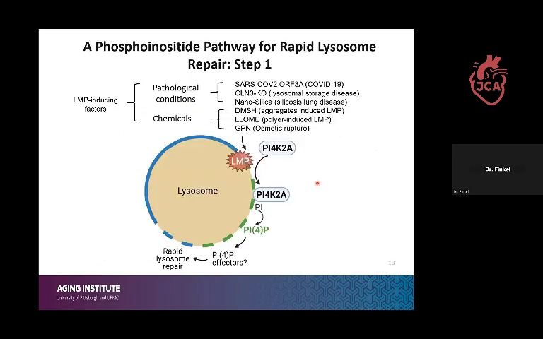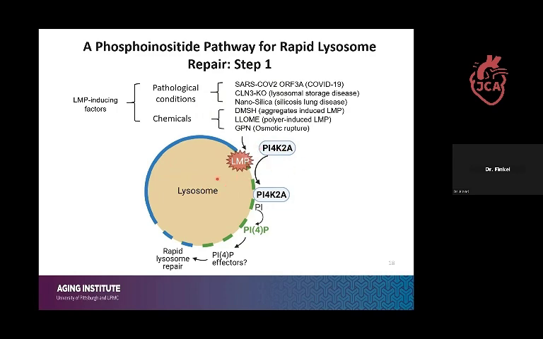So again, how does this do it? This is really complicated, so I want to walk you through it. So again, you damage the lysosome. I've showed you mostly data with this agent, but in the manuscript, we show a variety of different ways, both genetic and chemical, to damage the lysosome. All recruit this 2-alpha.